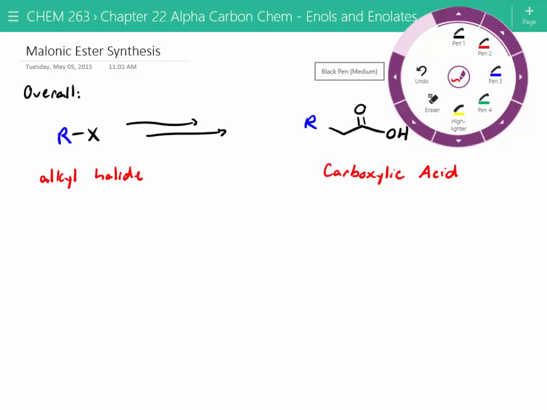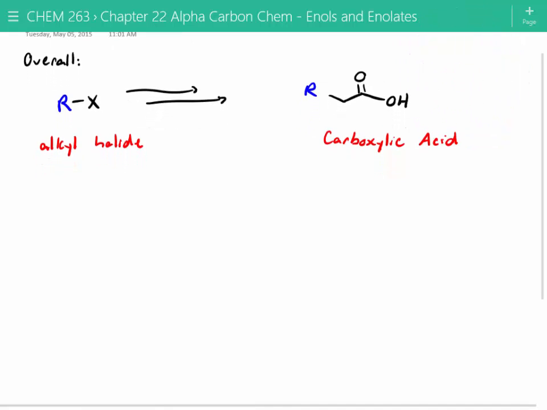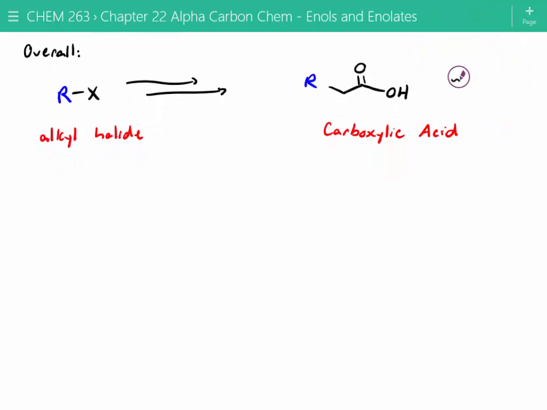So let's do the overall reaction mechanism. And in this synthesis, you always start out with diethyl malonate. This is diethyl malonate.